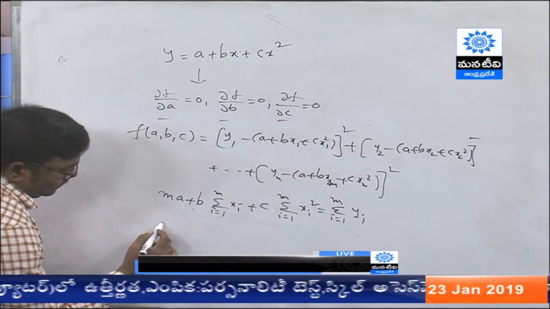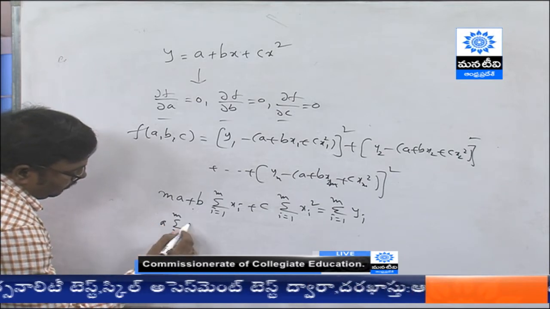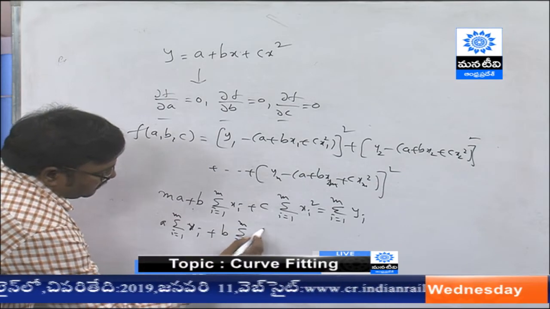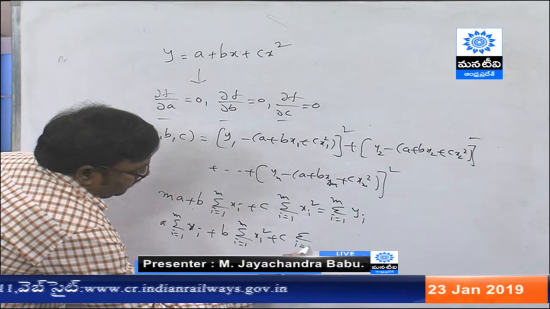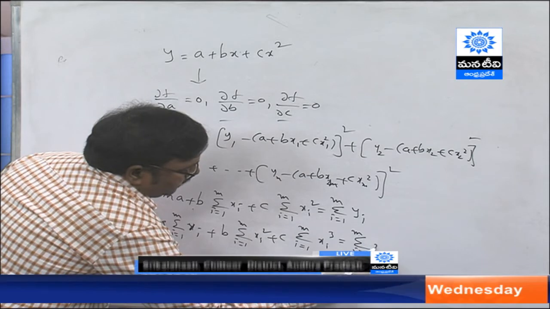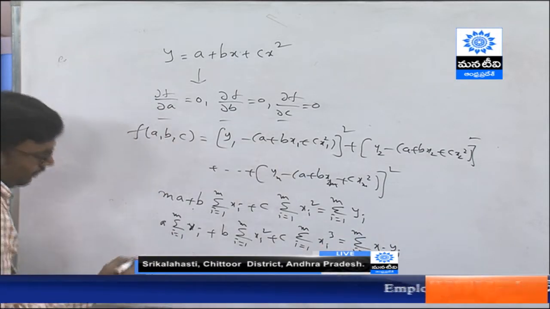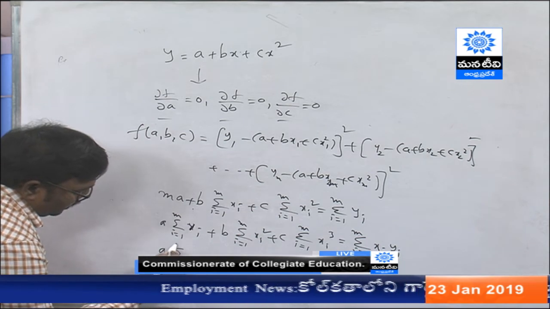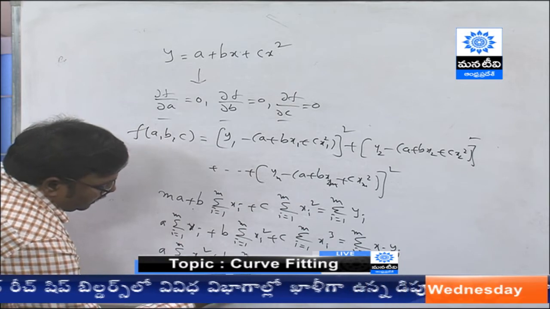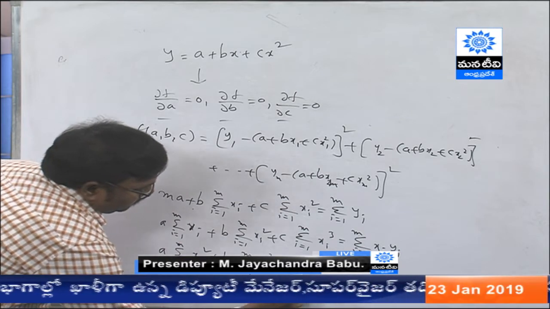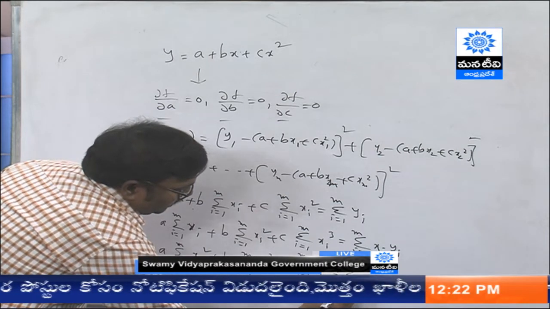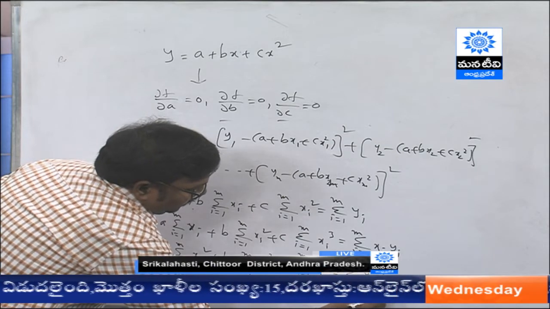And the second equation is a into summation i equal to 1 to m xi plus b times summation i equal to 1 to m xi square plus c times summation i equal to 1 to m xi cube, which is equal to summation i equal to 1 to m xi yi. And you will get another equation, that is a into summation i equal to 1 to m xi square plus b into summation i equal to 1 to m xi cube plus c into summation i equal to 1 to m xi power 4, equal to summation i equal to 1 to m xi square yi.